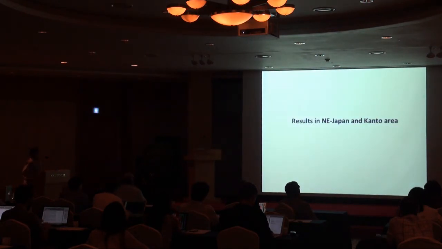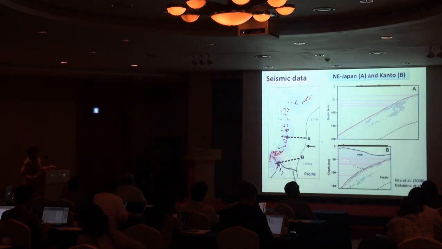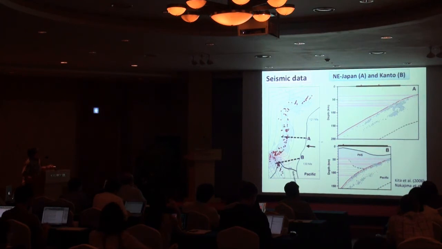So I'll show the result. The data I used is for Northeast Japan, and another one is the Kanto area, just south, where a similar Pacific plate is subducting to the west. This is a cross section for Northeast Japan, and this is for the Kanto area.